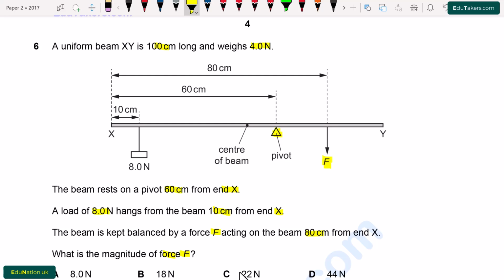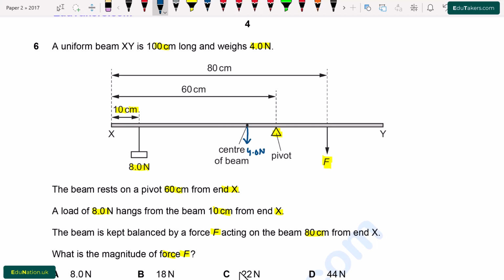The pivot point is here, which is at 60 cm from the end X. There is also a load of 8.0 Newton and it is at a distance of 10 cm from X. Here we have to find out the magnitude of the force. The weight of this uniform beam is acting at the center and it is equal to 4.0 Newton.